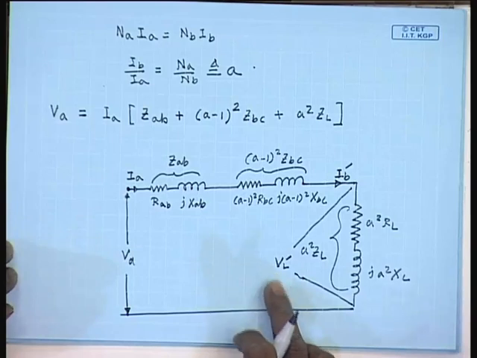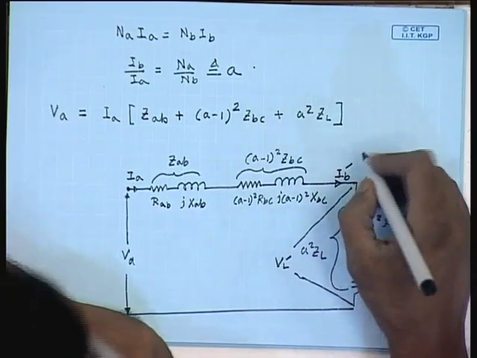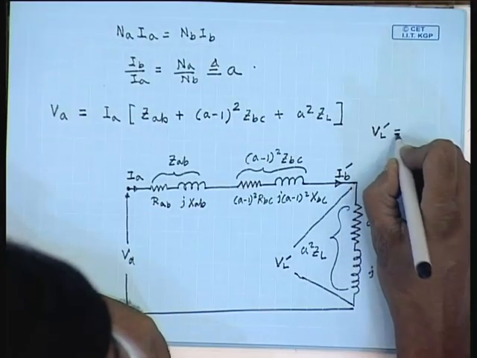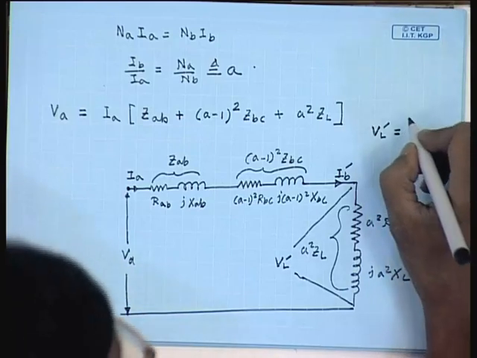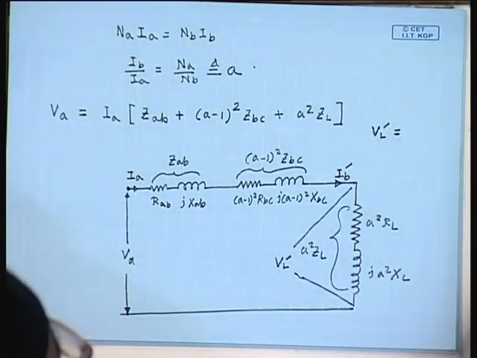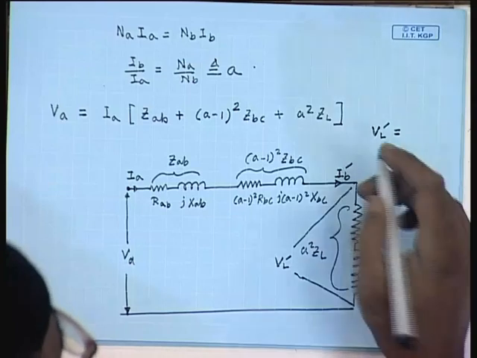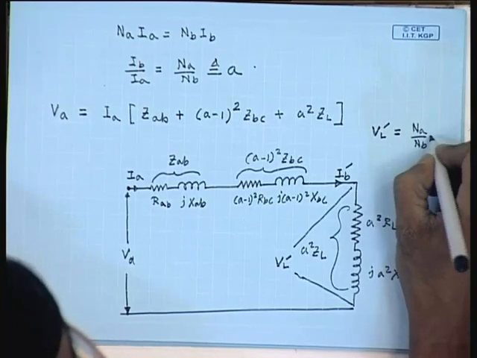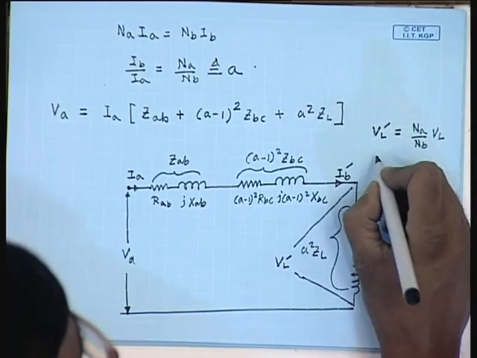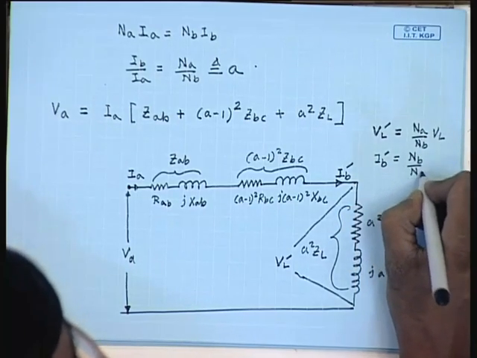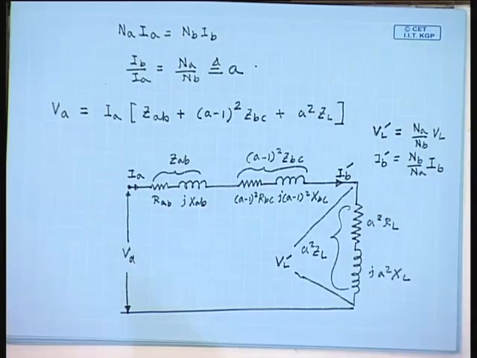What is the relationship between V_L dash and I_B dash? V_L dash is equal to the turns ratio multiplied, that is N_A by N_B into V_L, and I_B dash equal to N_B by N_A into I_B, so that V_L dash I_B dash equal to V_L I_B.